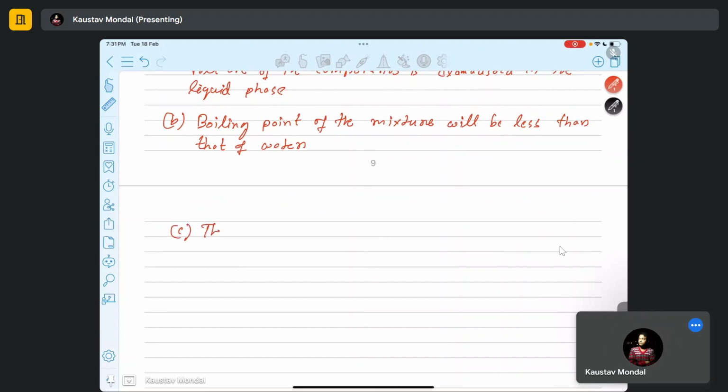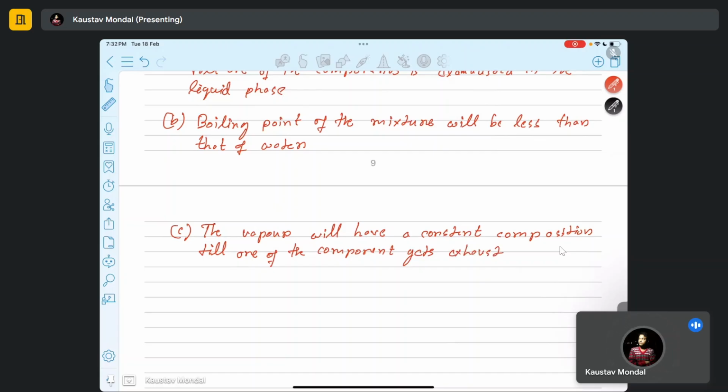Option C: the vapor will maintain its instant composition till one of the components gets exhausted.